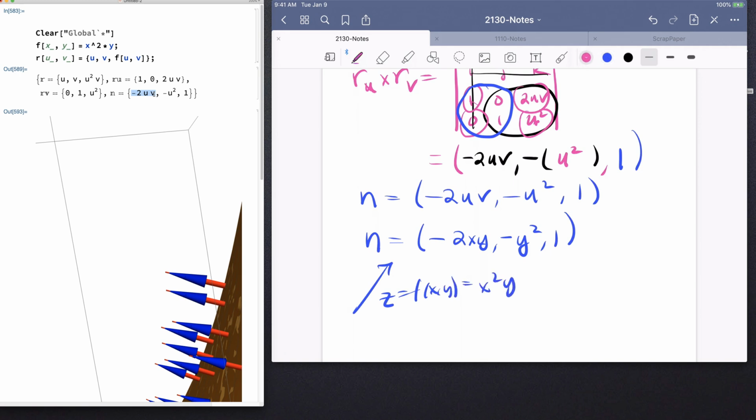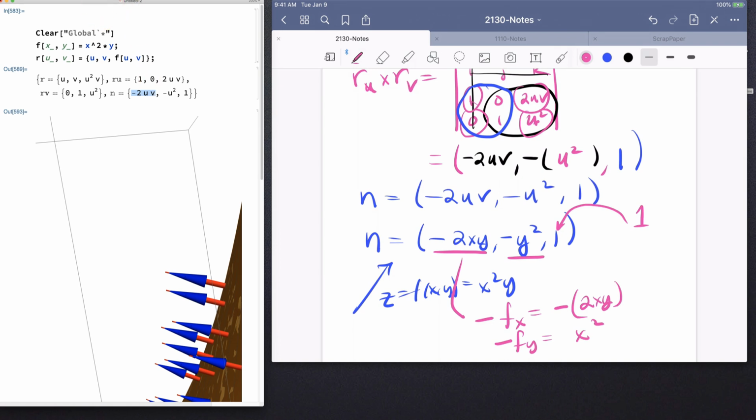So as promised, the first entry of the vector is minus the partial derivative of the function with respect to x. The partial with respect to x is 2xy, with a minus sign. The partial derivative of f with respect to y is x squared, but there's a minus sign, and that's what was supposed to show up here. And the z entry of the normal vector was supposed to be equal to 1.